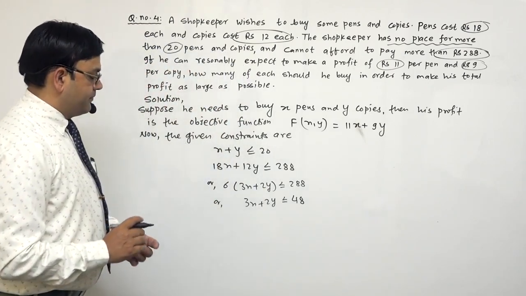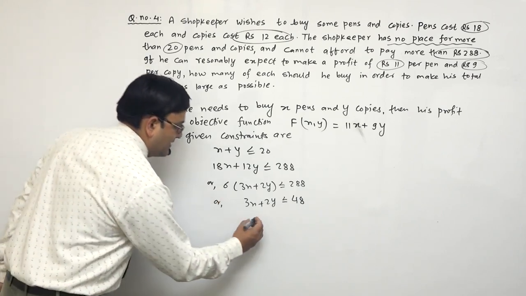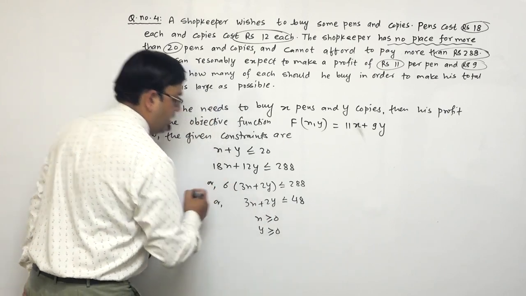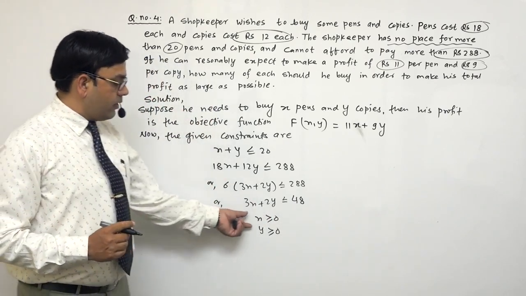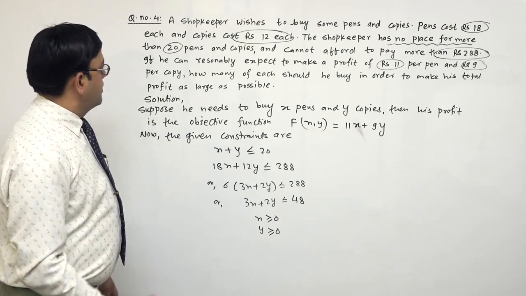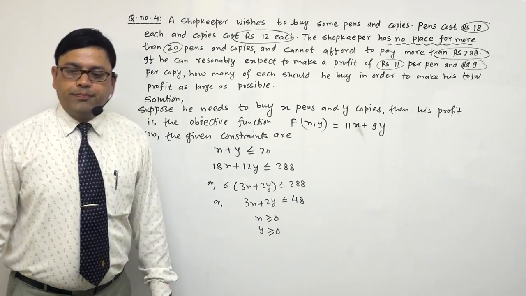This is another one. And we have x is greater or equals to 0, and y is also greater or equals to 0, because pen is greater than or equal to 0, and copy is also greater or equals to 0.